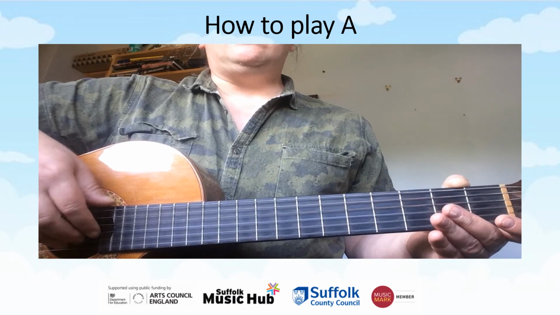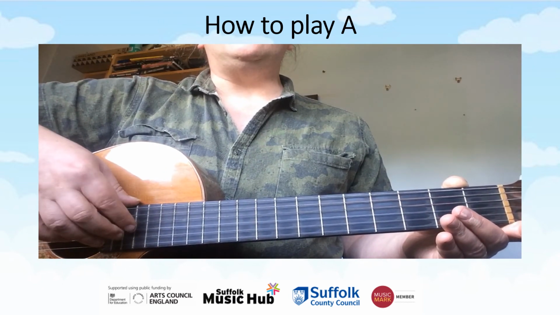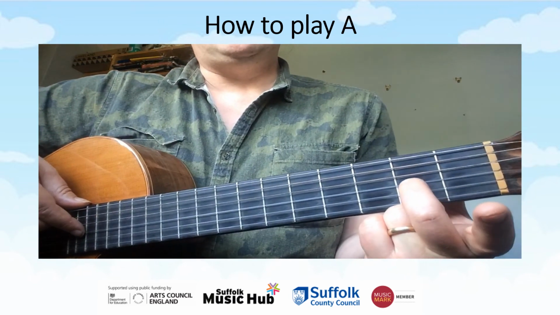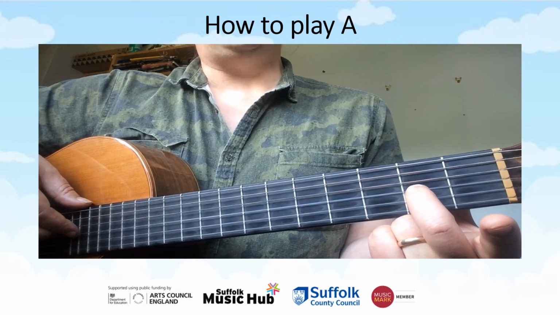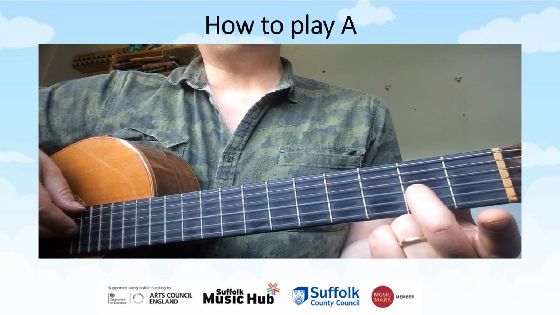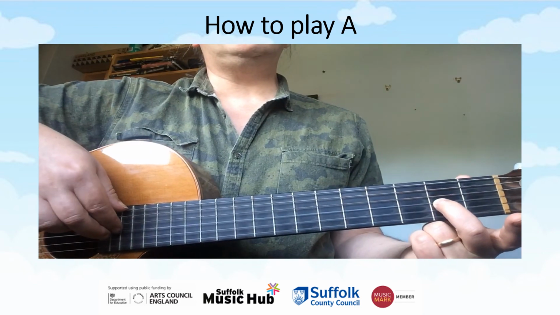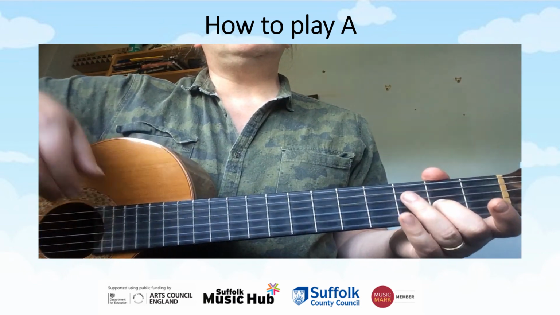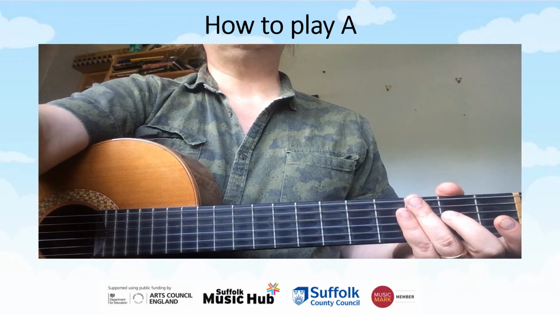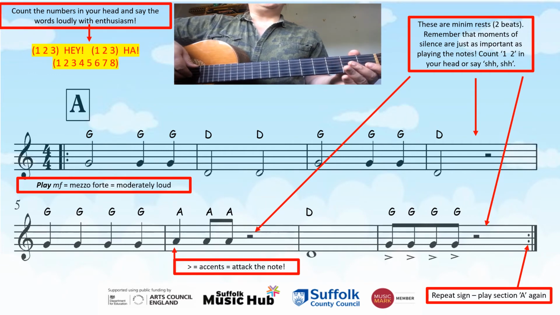How to play A. Find the G string, 1, 2, 3, and press down the 2nd fret just next to the metal. Part A, 1, 2, 3, 4.